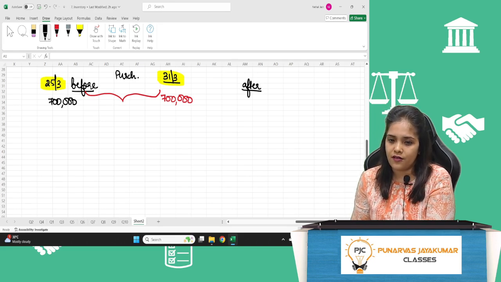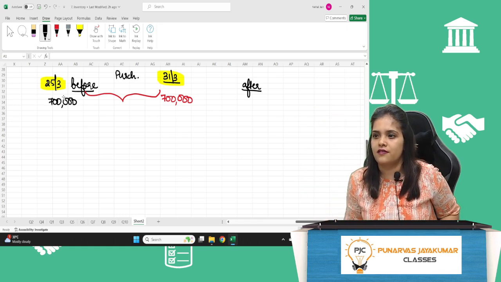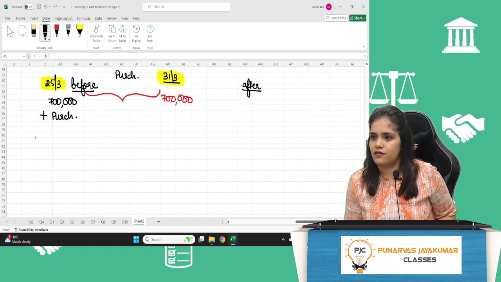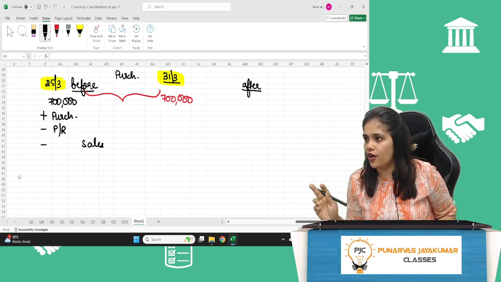So the units or the inventory value will increase or decrease. So add, there is purchase. Minus, there is sales. Less, there is sales return. Understand, right? Are you sure?